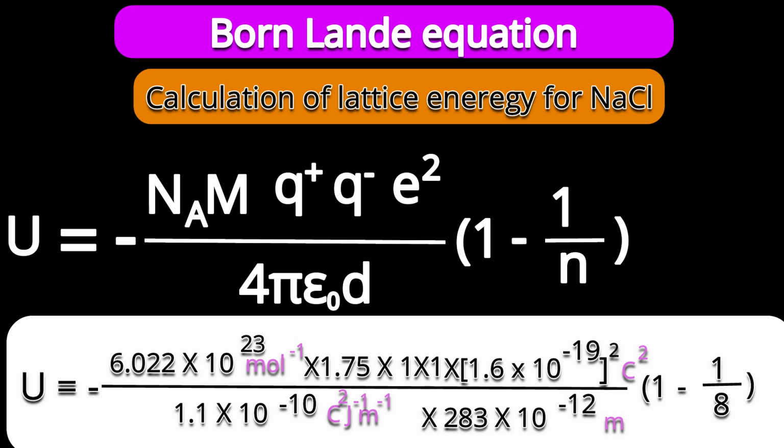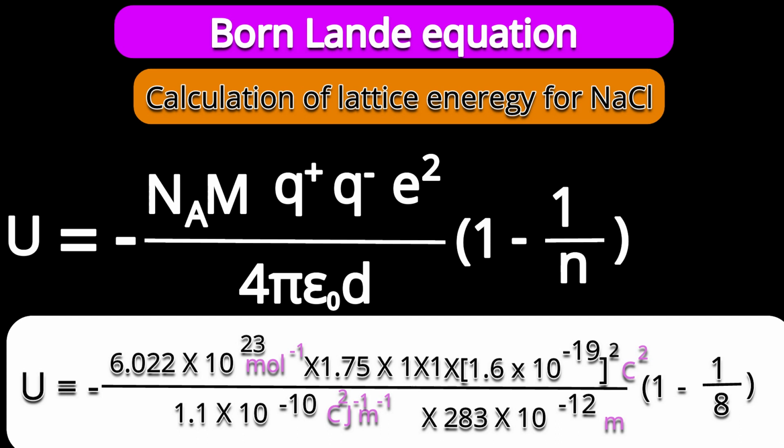Here, coulomb square and the upper coulomb square will get cancelled. Now per joule and per meter will be there. Afterwards, the distance between the cation and anion, in terms of meter, 283 into 10 raised to minus 12. Why minus 12? Because the distance was in picometer. Pico means 10 raised to minus 12. It is very important to represent units in SI pattern.